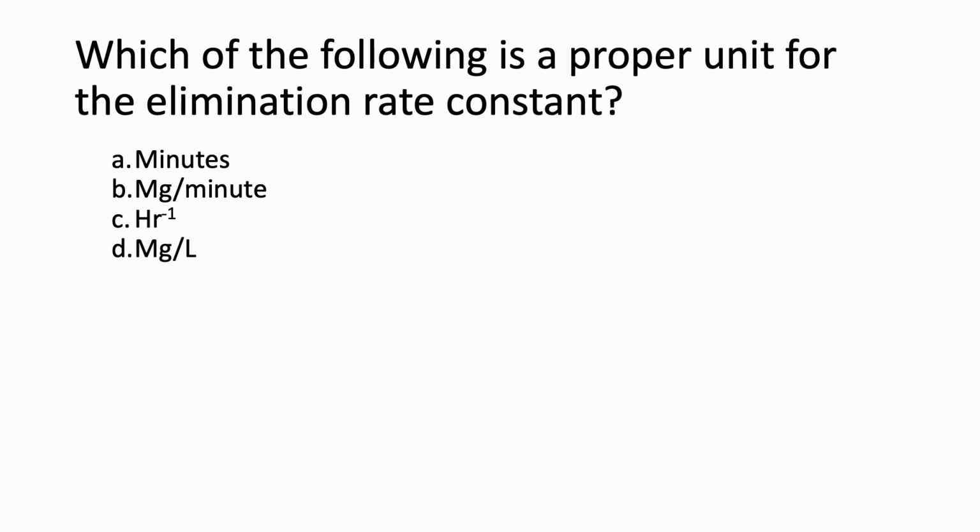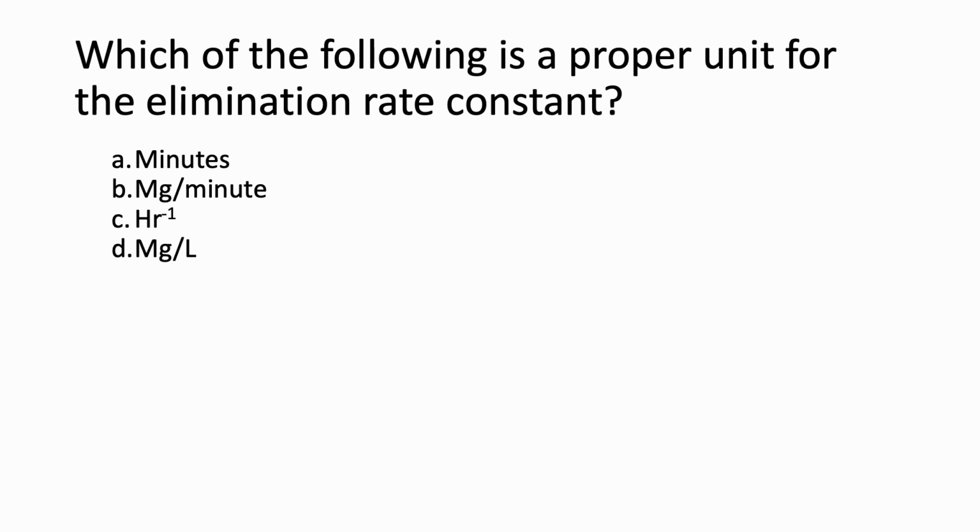Remember, in first order kinetics, the unit of the elimination rate constant is based on the equation: negative value of natural log of y2 minus natural log of y1, divided by x2 minus x1. So the unit for first order kinetics is always the inverse of time.